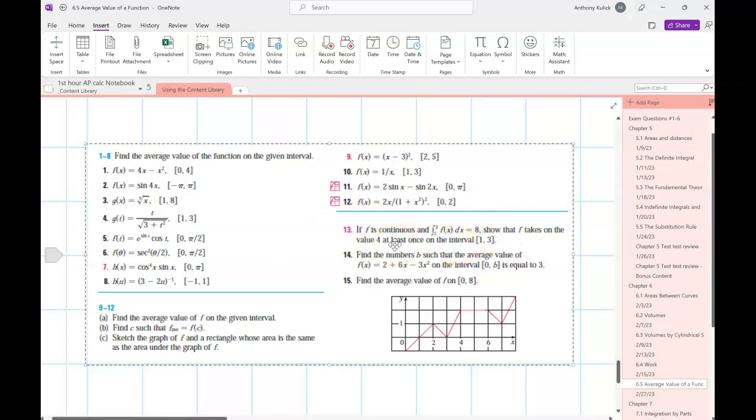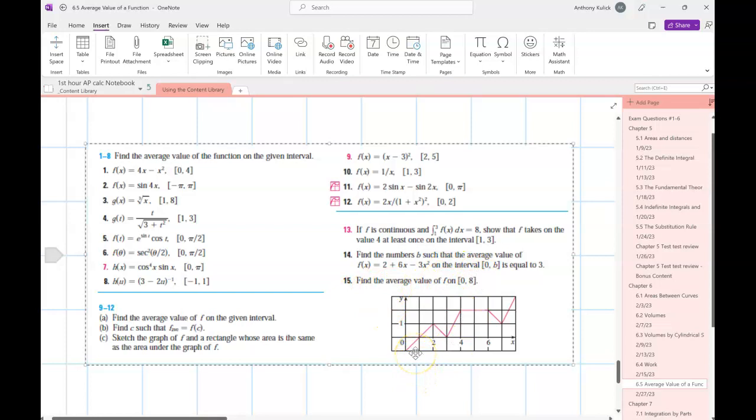13 is like a mean value theorem for integrals problem. So if f is continuous and this integral is equal to 8, show that blah, blah, blah. You're basically just using the mean value theorem for integrals to do that. 15 wants you to find the average value for this function over this interval.